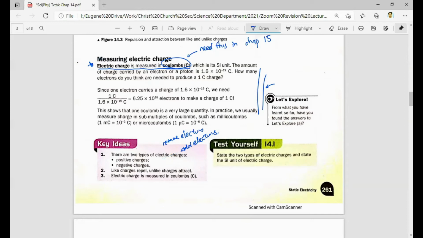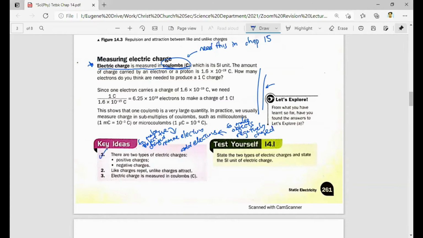There are two types of electric charges, positive and negative. To make an object positively charged, you remove electrons. To make an object negatively charged, you actually add electrons. So just take note of this.